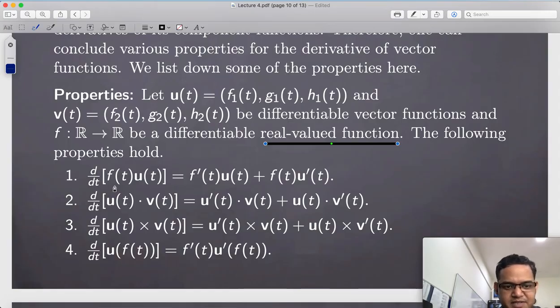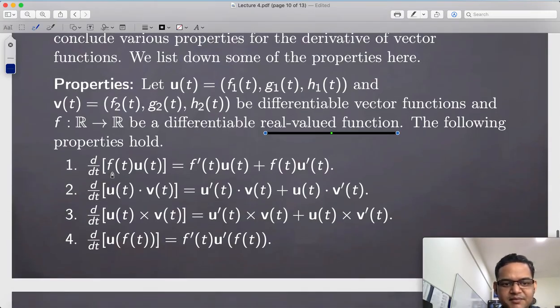In the first property, we have taken the scalar multiplication of f of t with u. Since u is a vector, f gets multiplied in each component. So if I take the derivative of this, I get this, which just follows from the Leibniz rule.